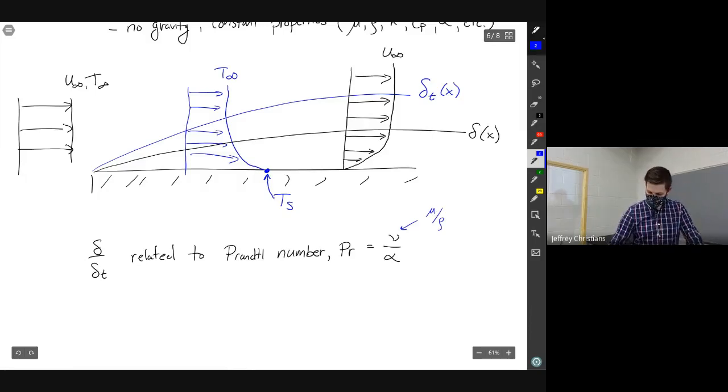That's mu over rho, and thermal diffusivity is k over rho Cp.